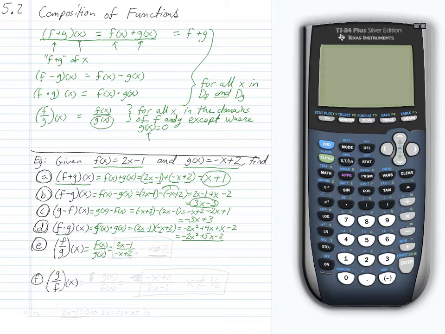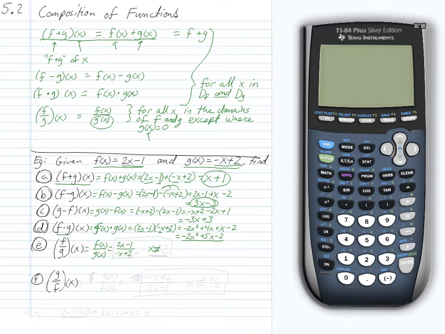So the only thing left to say is, what can't x be? What is the restriction? Well, x could be anything that we're allowed to plug into f or g. And remember, those are both linear, and there are no issues with any x values, so that would be all real numbers in both cases.